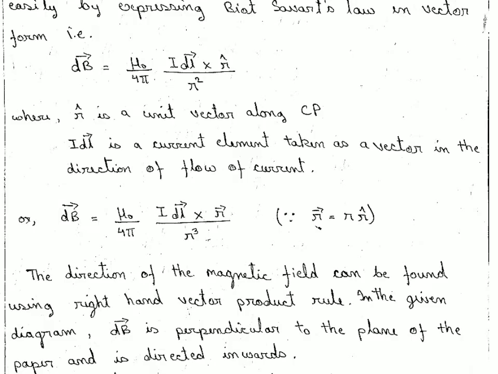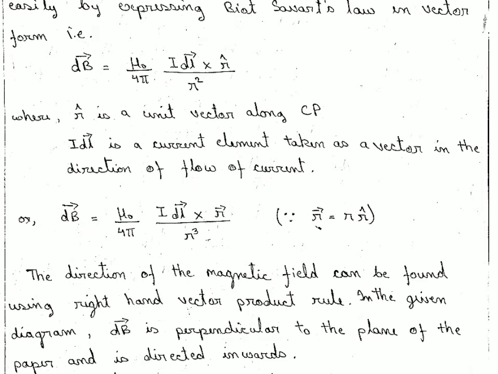So here we can also write Biot-Savart's law in vector form in a different way. That is, dB is equal to mu naught by 4 pi I dl vector cross r vector divided by r cube. Now why do we write r vector here? Because we know that r vector is equal to r times r cap.